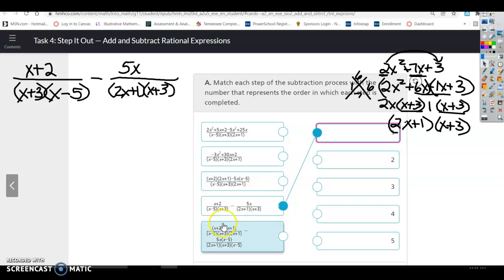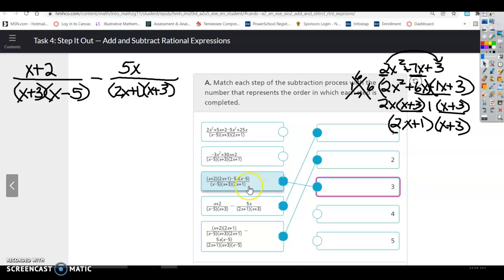So we have to go down here and get a common denominator in both terms. The next step would be putting the two fractions together.